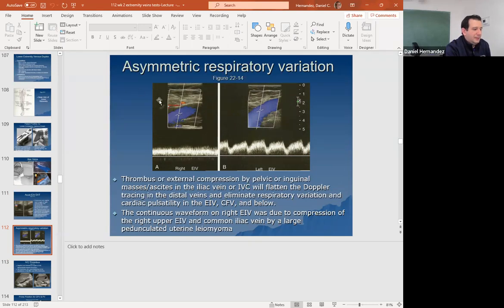So we see in this case asymmetric respiratory variation. The patient's right appears more continuous, so we have continuous forward flow. We don't have that respiratory variation that we see over here on the left side. That should automatically raise red flags when you're imaging this patient.